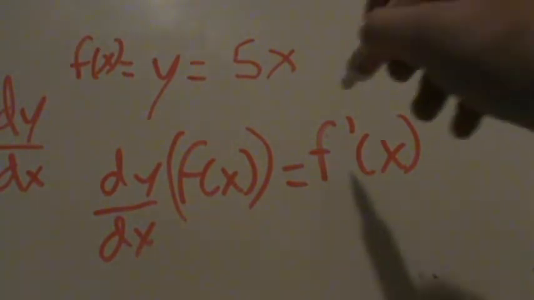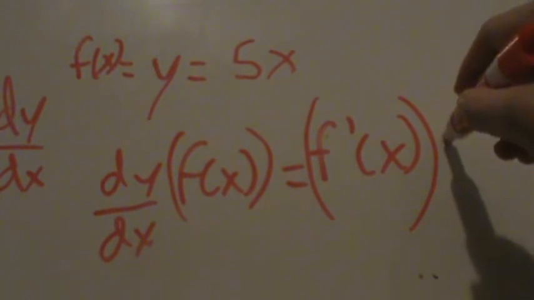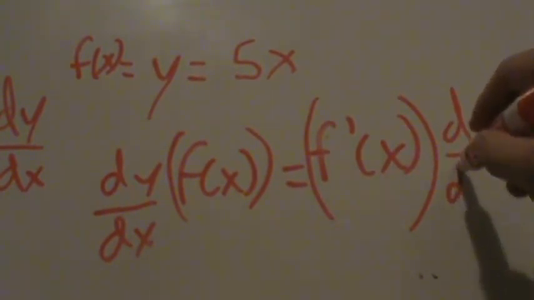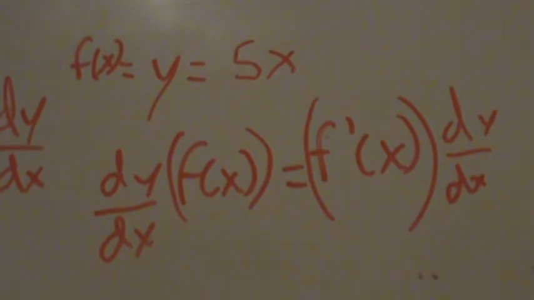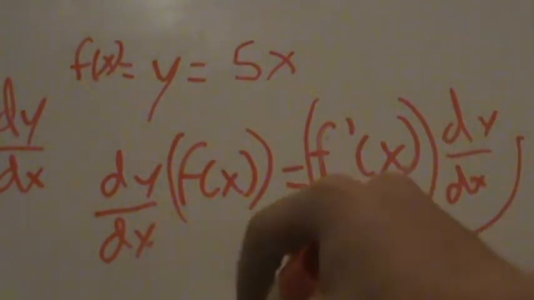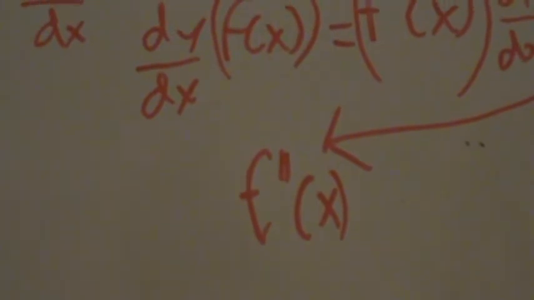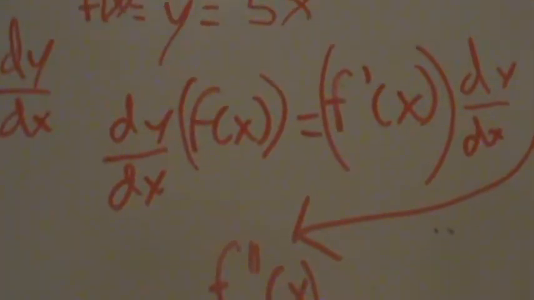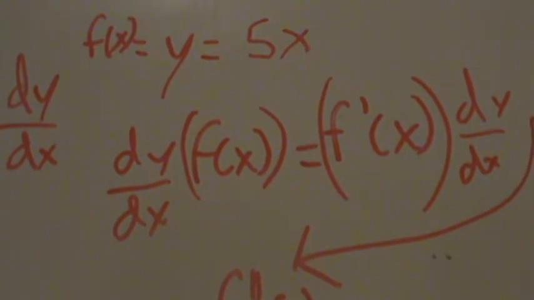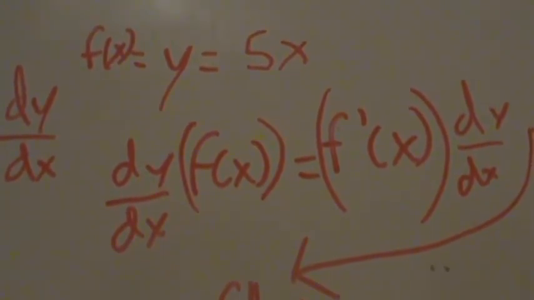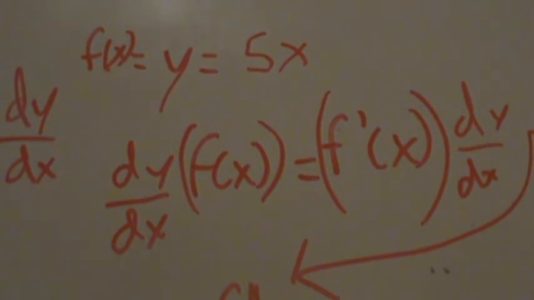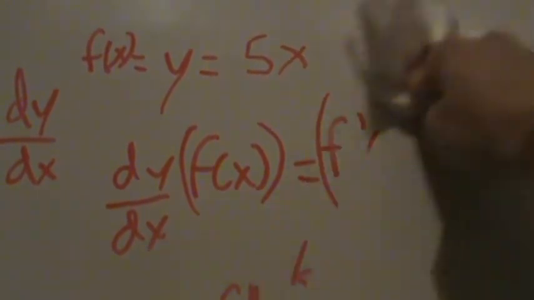If you wanted to take the derivative of this again, dy dx, that would be equal to f double prime of x. The tick marks represent what order derivative it is. If there's one tick mark, that's the first derivative. If there are two, that's the second derivative, and it keeps on going. So that's basically Leibniz notation.